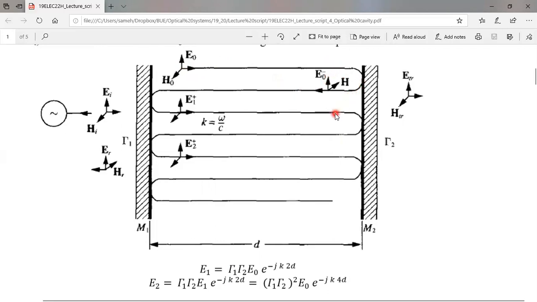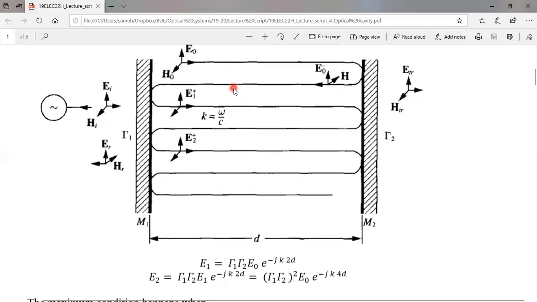And then E1 minus will be equal to 1d, 2d, 3d, so e power minus j k 3d multiplied by gamma 2 first, then gamma 1, gamma 2, so gamma 2 square and gamma 1, and of course the initial one, which is E naught.